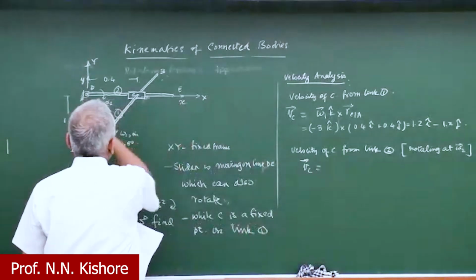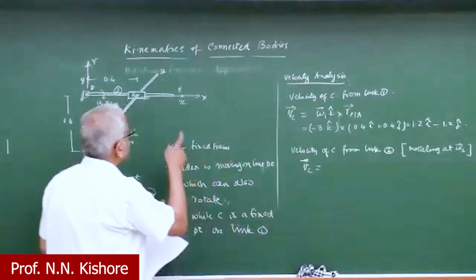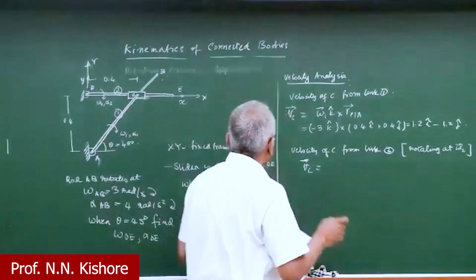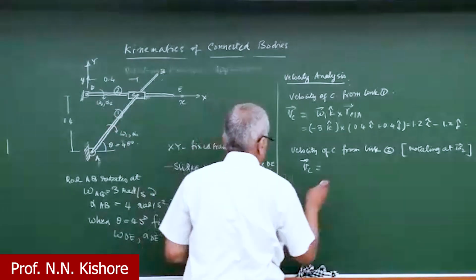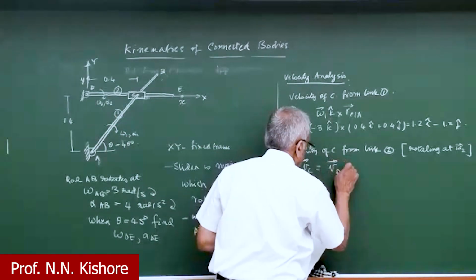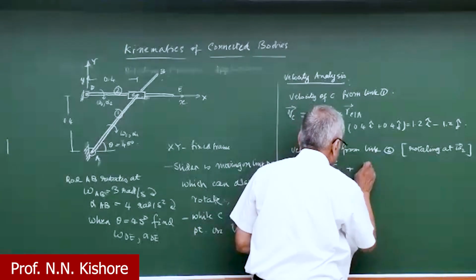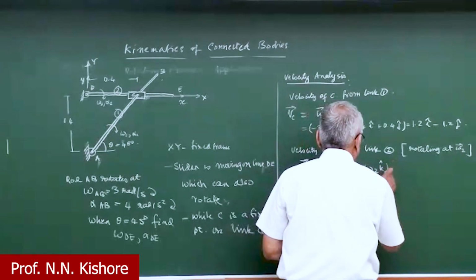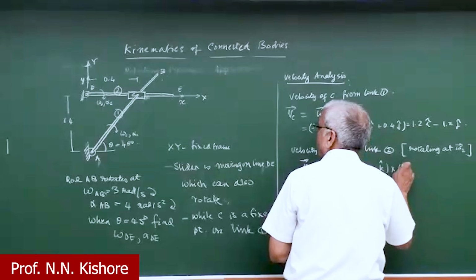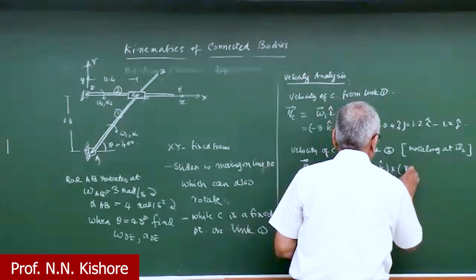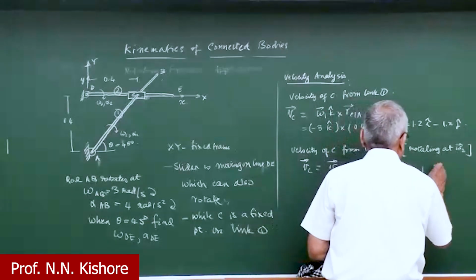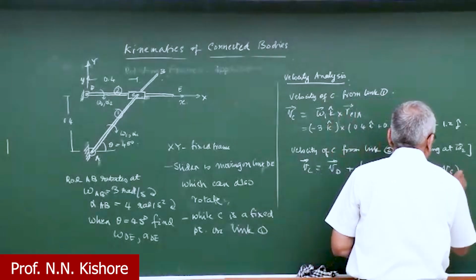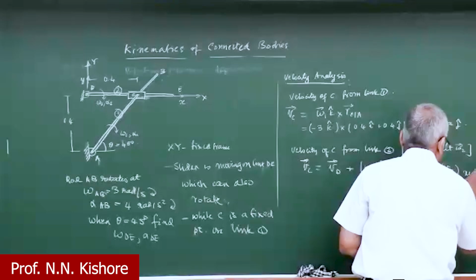Of course, if you want to take the velocity of D, because now the link DE has its origin at D, of course, it's very simple. So it's 0 in any case. And then we have omega 2 K cross r of C with D, plus C in the rotating frame.